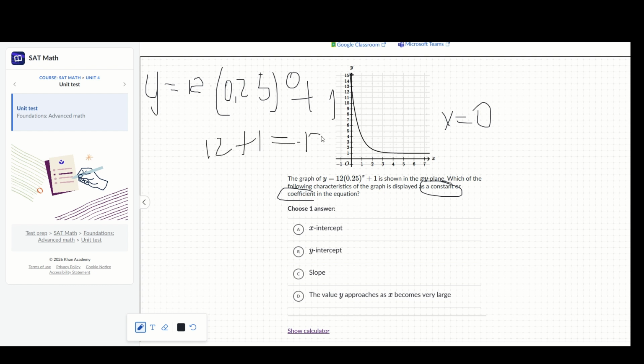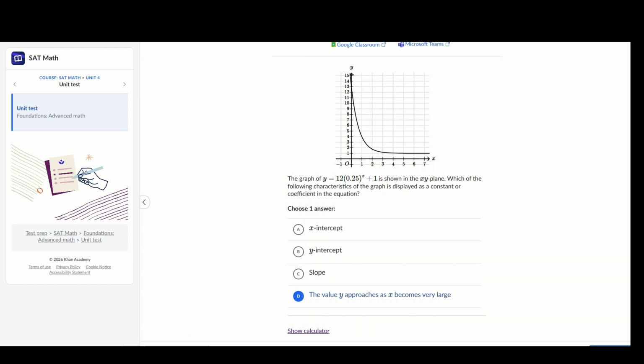No, it is not the base, constant, or coefficient. The coefficient here must be equal to 12. It's not 12, it's 13. So it cancels out. So the value y approaches as x becomes very large. I think it's correct. Let's check.